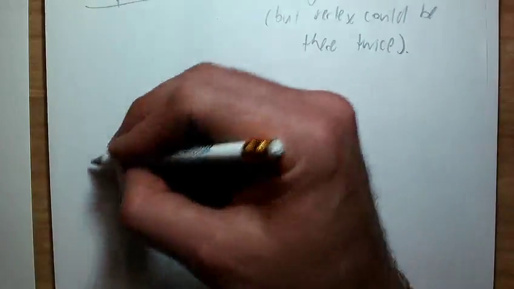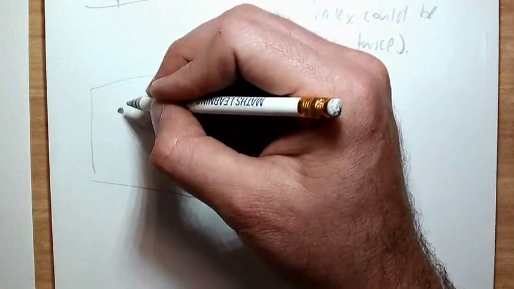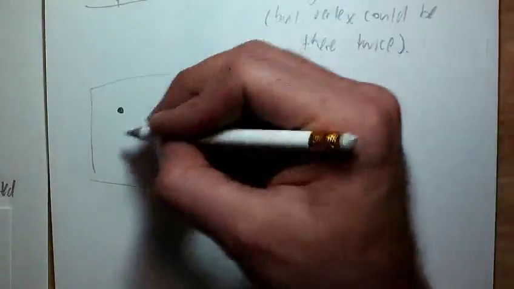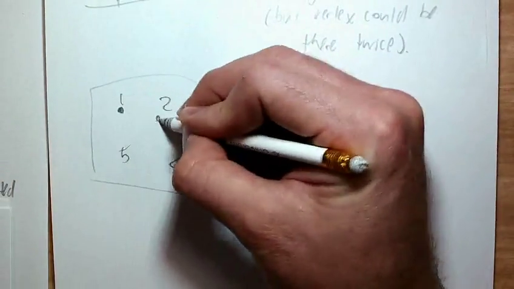So I guess that means that one of the ones that I drew before was a simple walk, but not a path. I had 1, 2, 3, 4, 5.